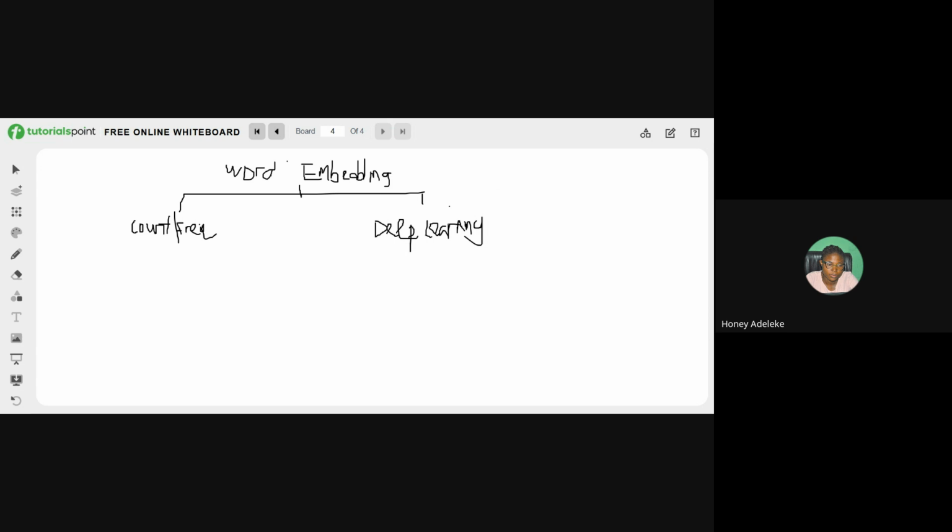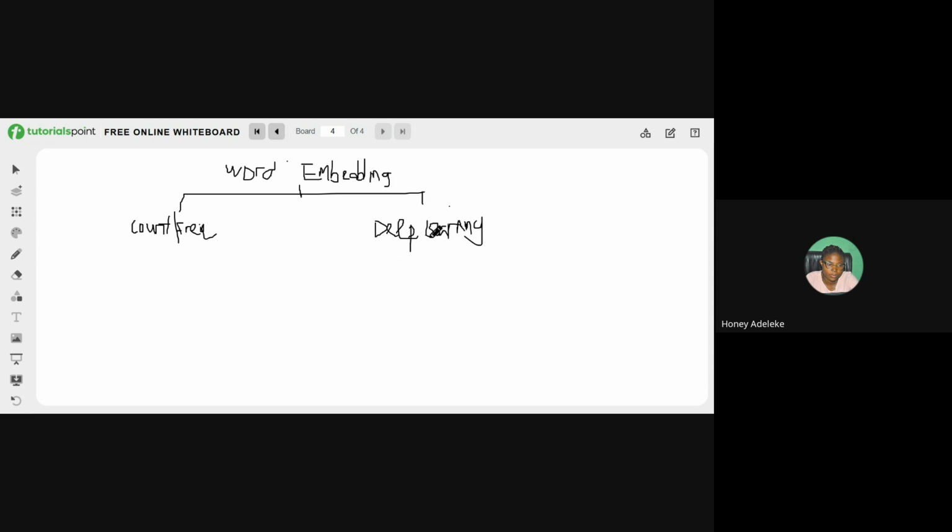The other one I described the other time, where you just try to count how many times each word appears in your corpus, those are count or frequency methods. But the embedding we are talking about today is the one under deep learning trained models.